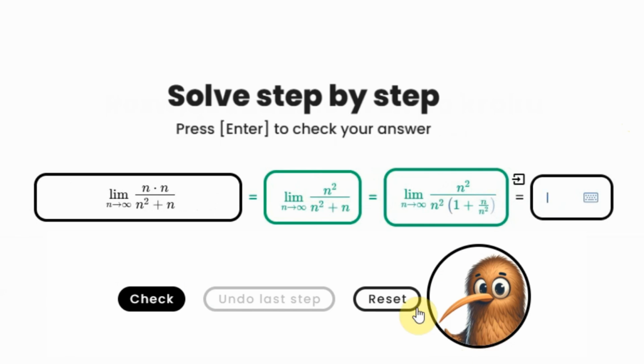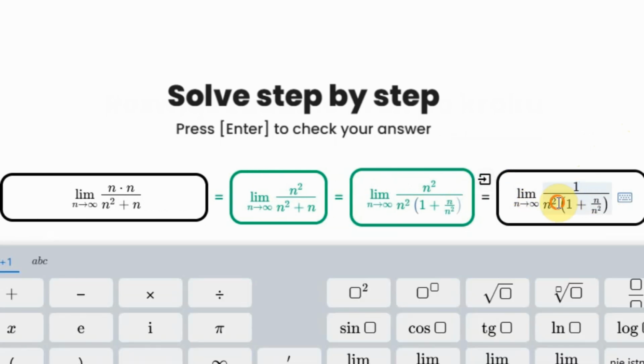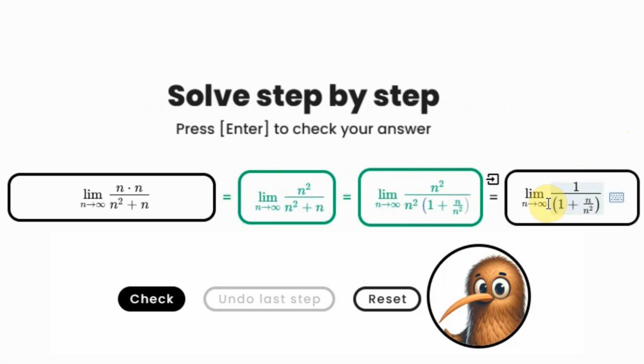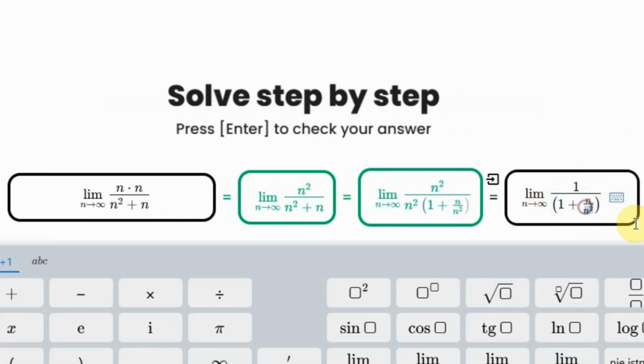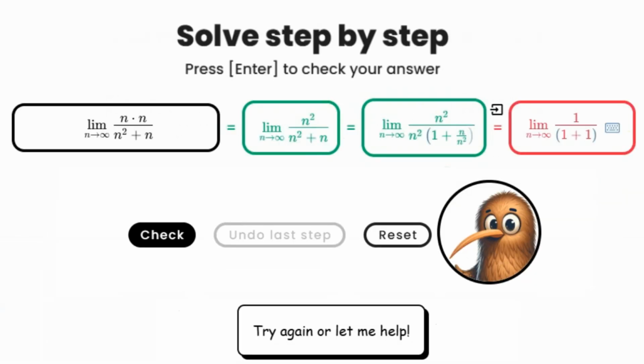Agreed. N squared and n squared cancel out. I'm going to make a mistake on purpose, okay? Instead of cancelling 1 over n, I'll cancel it to 1, making a mistake in the process, but let's give Kiwi a chance to shine, he's bored.